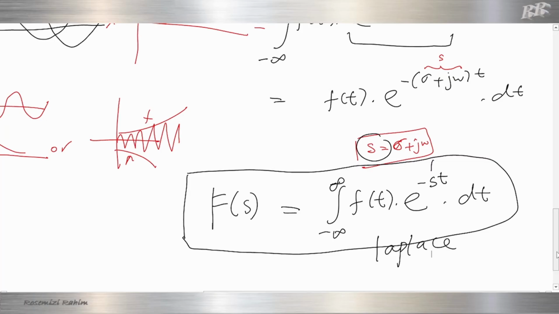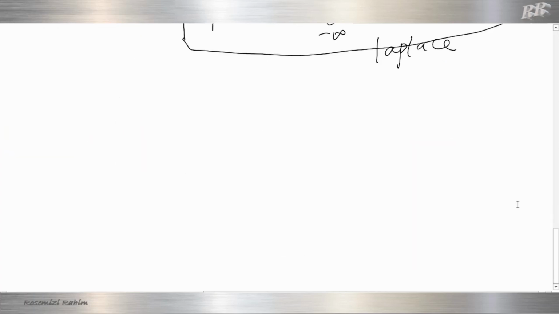The Laplace transform transforms the time domain into the complex frequency domain. S is a complex number, so we call it the complex frequency domain. To view it graphically, what you can see is the time domain signal, and the frequency domain signal.